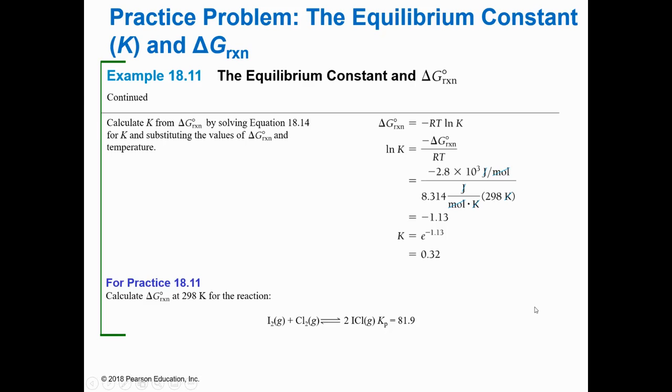All right. We can do one more. This one we're finding delta G. So I've got delta G is equal to negative 8.314 times 298 times ln K, which is 81.9.